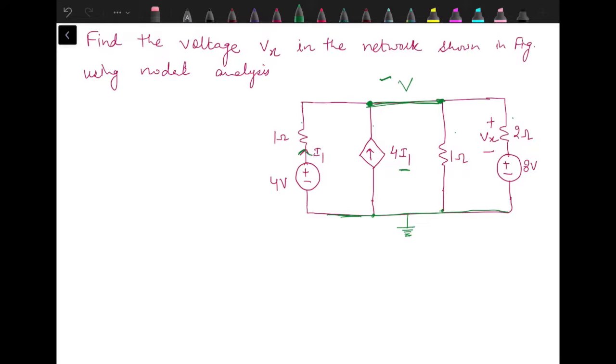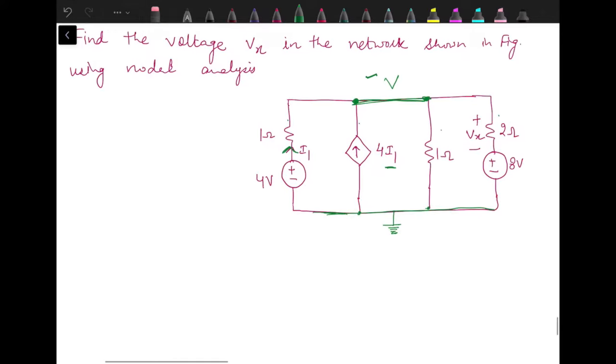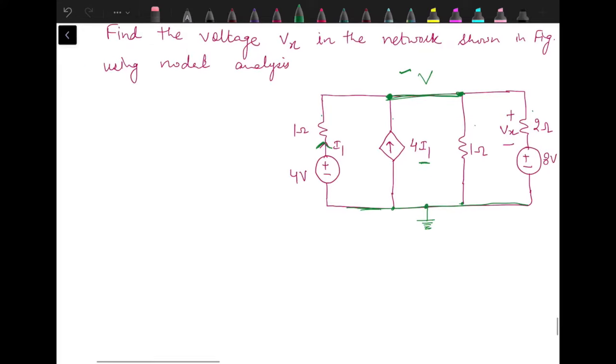Its direction is marked as flowing in upward direction. It means it will be 0 minus this voltage minus V. So I1 will be equal to 0 minus, now what is the potential? As the negative sign came first, it's minus 4 minus V upon 1. So it means I1 is 4 minus V. This is our first equation.